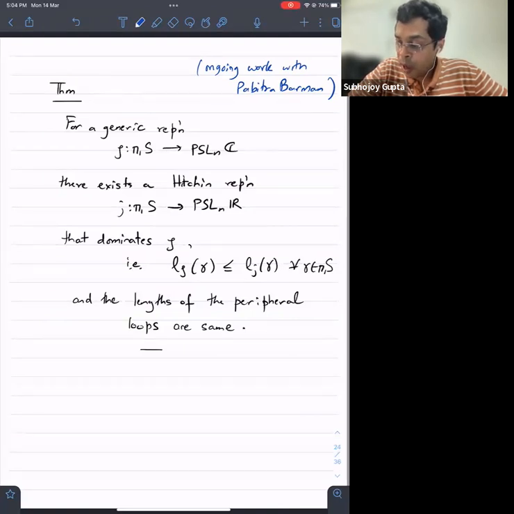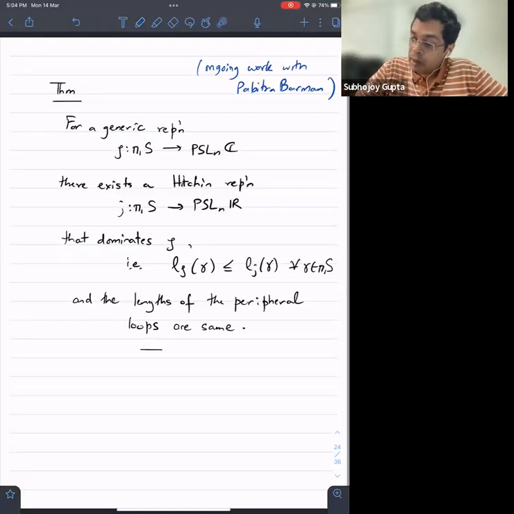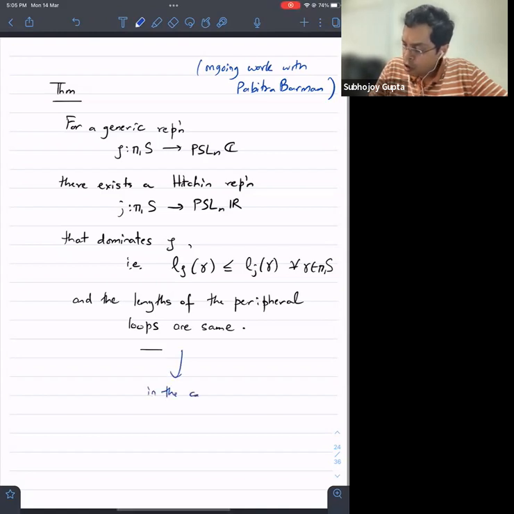So you have this domination in the length spectrum, the rho length that I've defined before. And in this domination, you keep the peripheral loops the same length. So in the cases I mentioned, of loxodromic or unipotent boundary conditions, they are in the same relative representation variety.